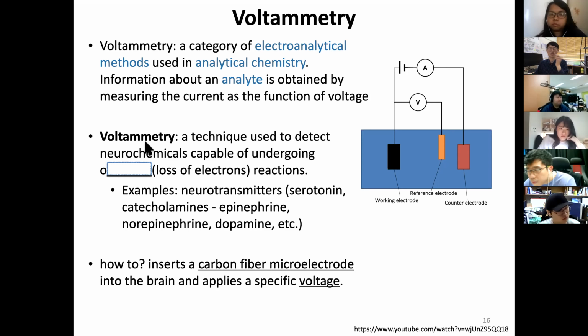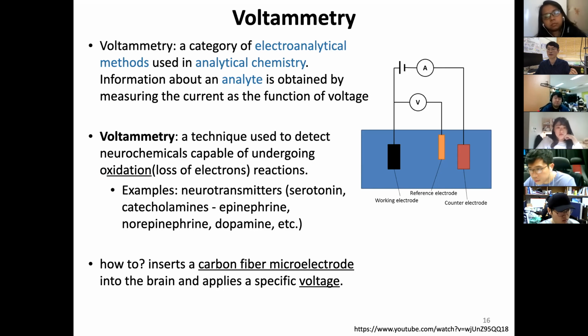That's called voltammetry. So this technique detects neurochemicals capable of undergoing, now you are talking about neurochemicals which have an electroactive molecule. And usually the reaction is you give a positive potential voltage and you suck out the negatively charged electron.